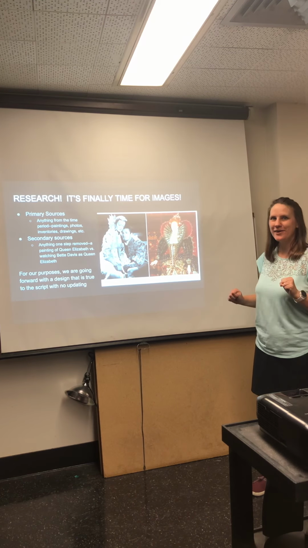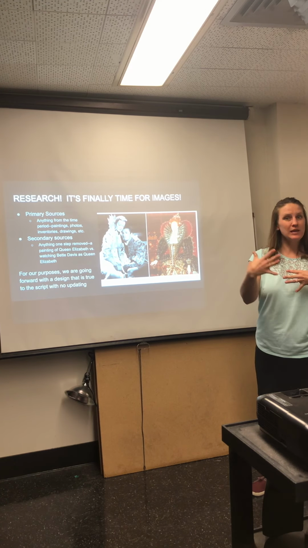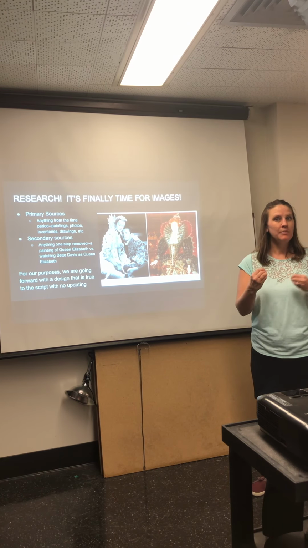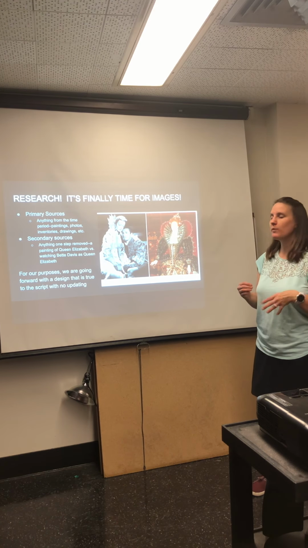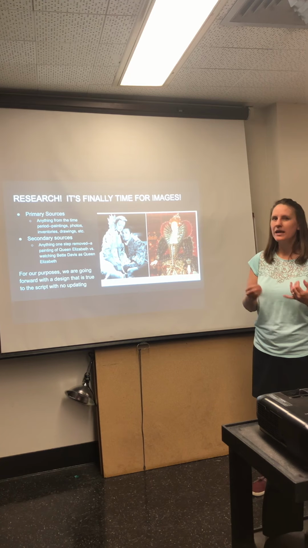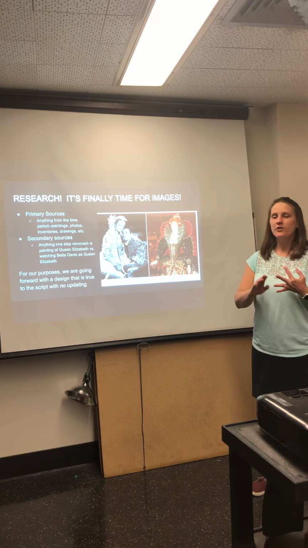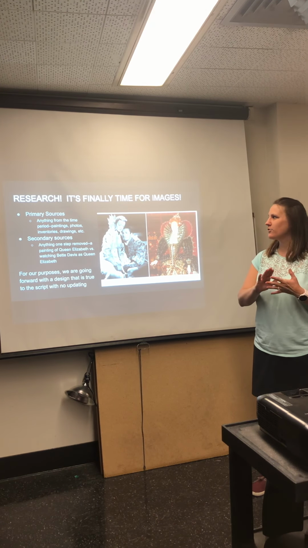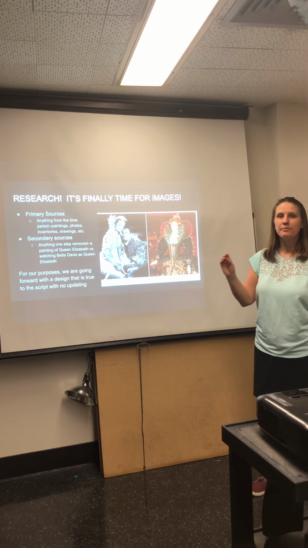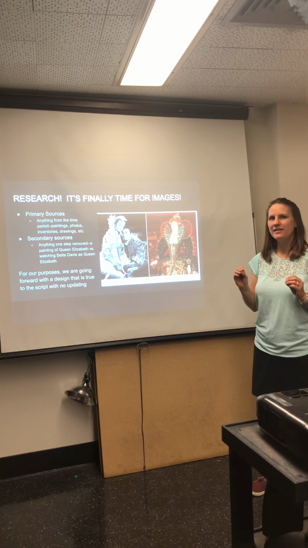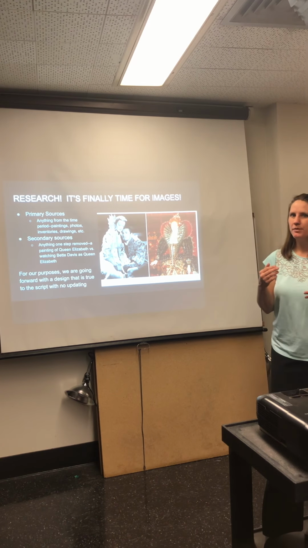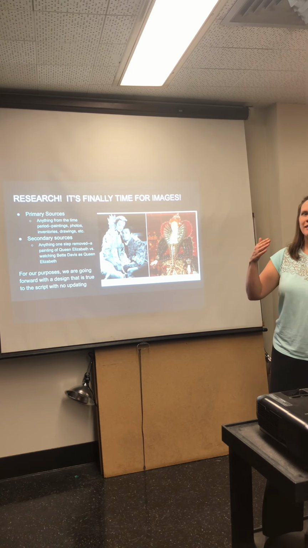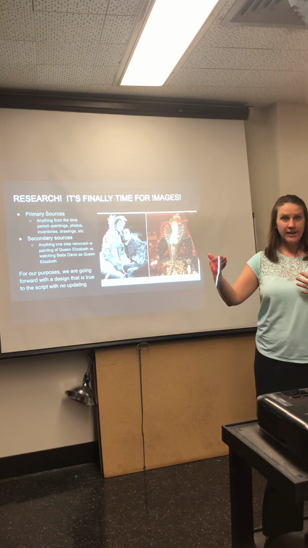So, research, it's finally time. So think about research. The first thing you need to remember is there is such a thing as primary research. Primary research is anything from the time period. Paintings, inventories, photos, drawings, anything like that from the time period. Secondary sources is anything that's one step removed. If it's one step removed, it has someone's design layer applied on top of it.